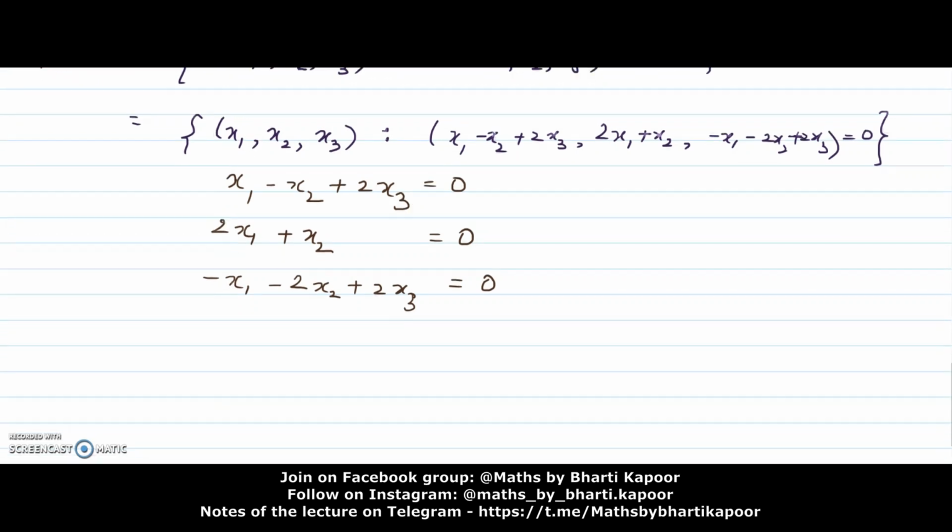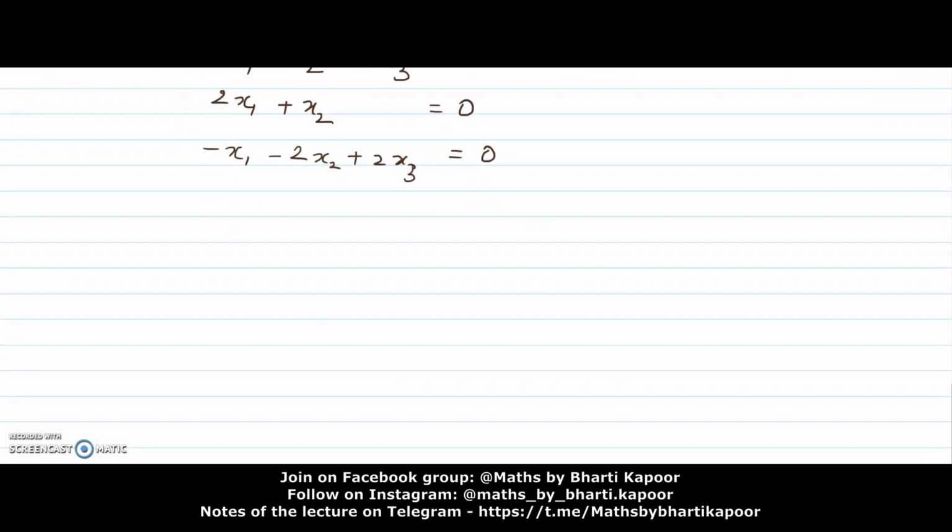For that, I will use the method of row reduction. I will make one augmented matrix. Coefficient of x1 is 1, x2 is minus 1 and x3 is 2. On the right hand side, we have 0. In the second equation, coefficient of x1 is 2, then 1, 0, 0, then minus 1, minus 2, 2, 0.